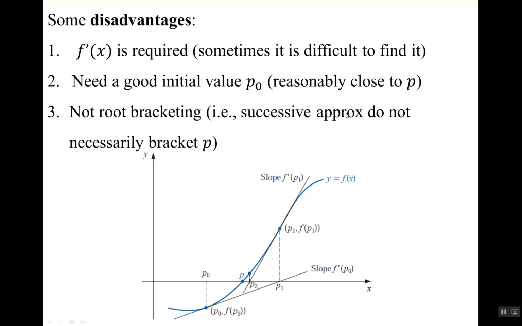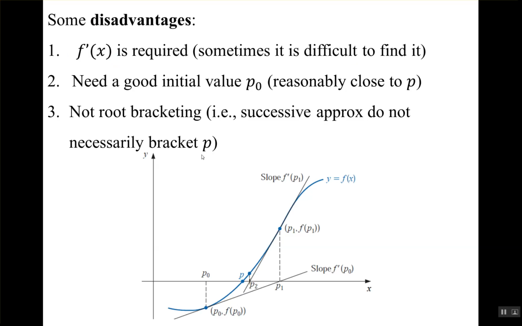Some disadvantages about Newton's method. First of all, you do see that the formula involves f prime. So sometimes this is difficult to find. That's why we have two new methods to be introduced in this section. So that is one disadvantage.